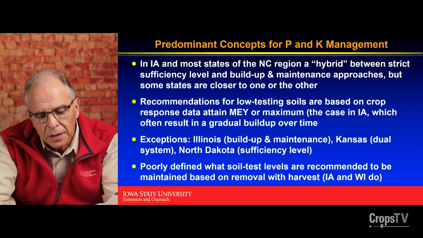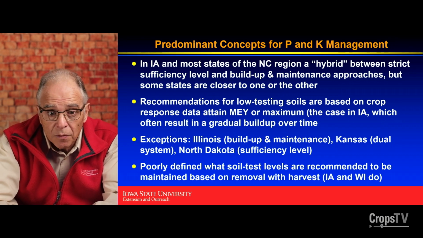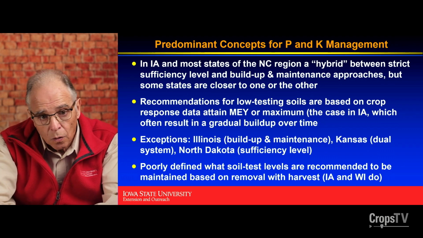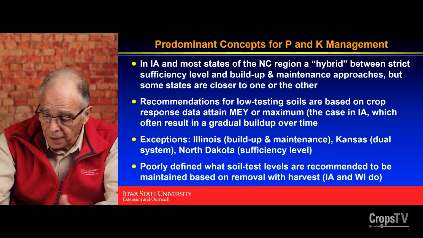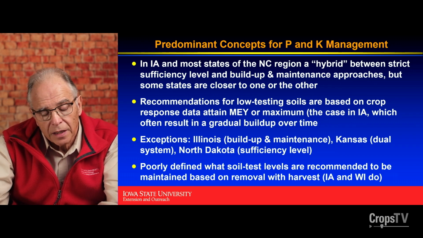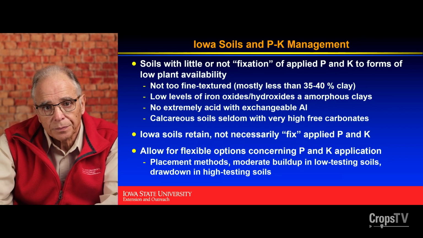But in other states, it's not clear. You need to look at what they are aiming for, either maintaining a very high level where the probability of response is essentially zero, or what. And I think this is important. It's clear because farmers need to understand if we are recommending something, they need to understand why we're doing that.